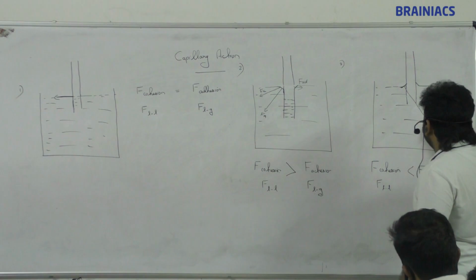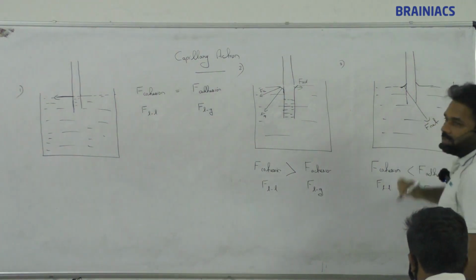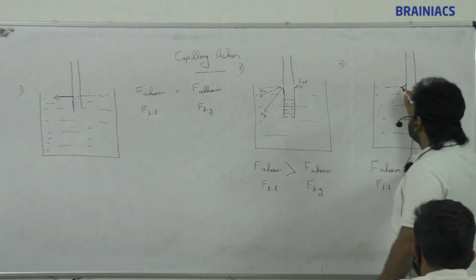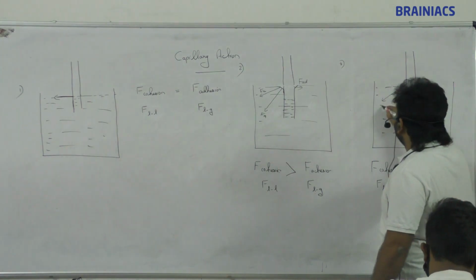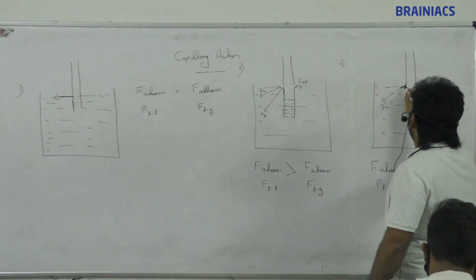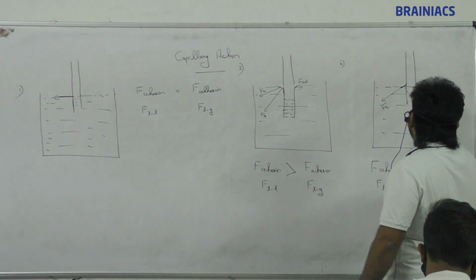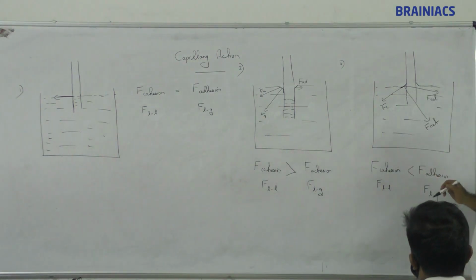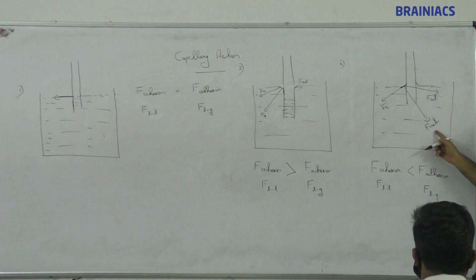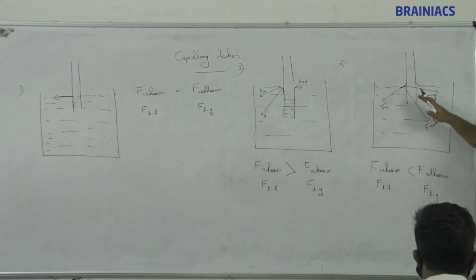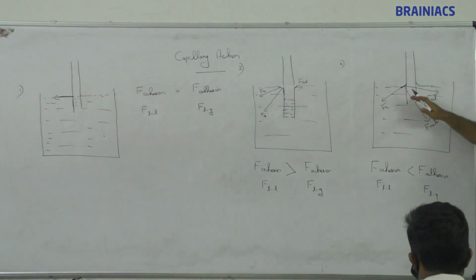This is the net force. So force of cohesion will be in this direction, force of adhesion will be in this direction, so the net will be this one. This is more, force of adhesion is more, so the net force will be in this direction.